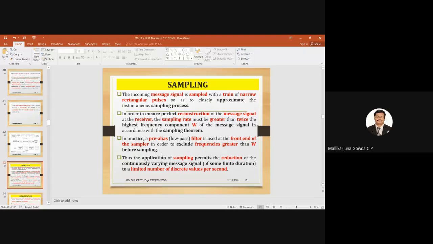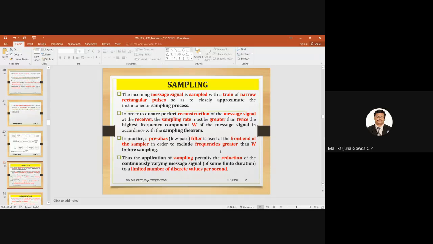By doing so, what happens? This sampling permits the reduction of the continuously varying message signal to a limited number of discrete values per second. Because the analog signal is continuous in time, it exists for an infinite duration.